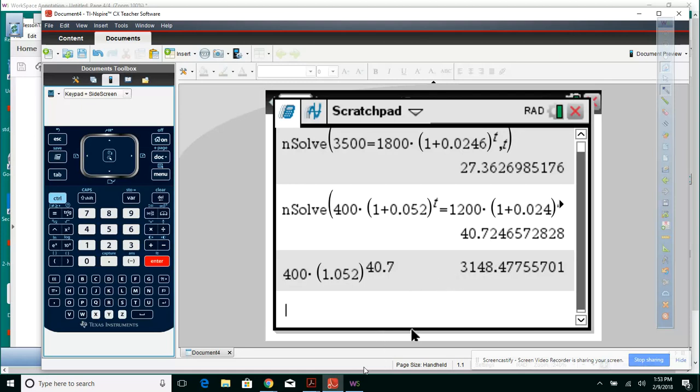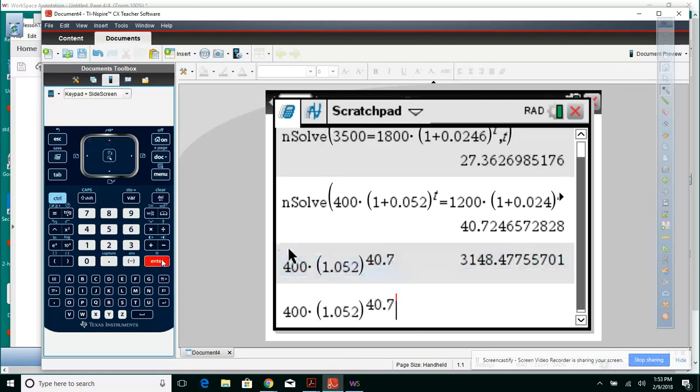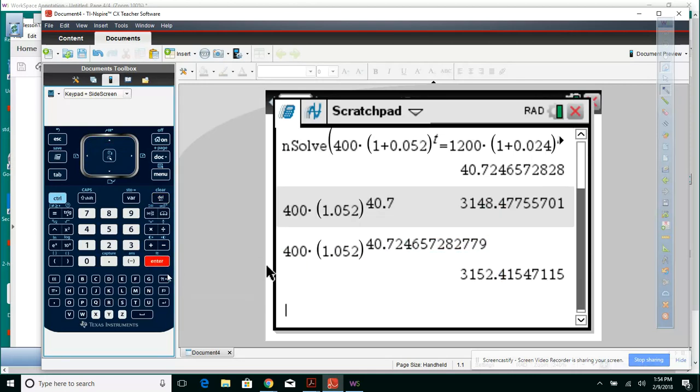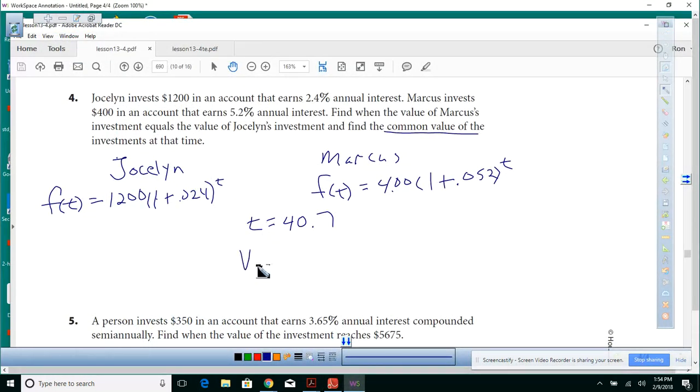Let's go up here and grab this, delete that out, and press enter. That will give us a very precise answer. So the value of each of those accounts is $3,152.42. Not too shabby.